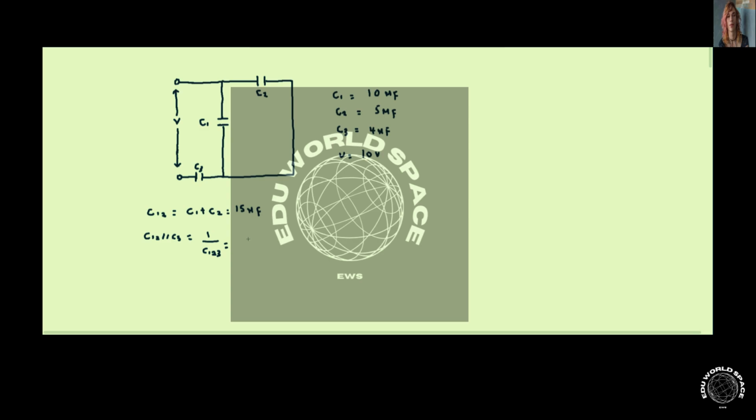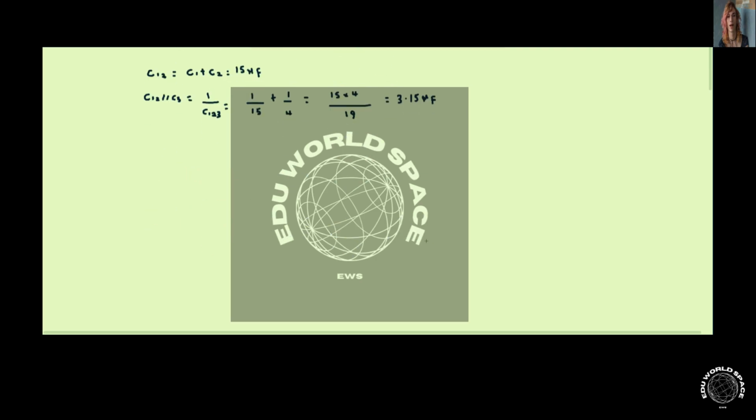So 1 over 15 plus 1 over 4. So the equivalent capacitance for C1, C2, and C3 is 3.15 microfarads.